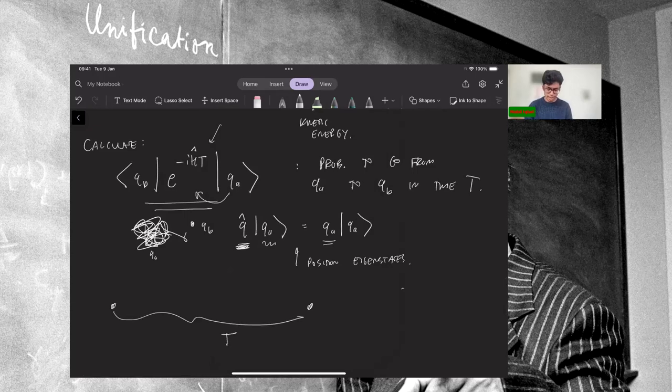I'm going to take this time interval and split it up into many small chunks, and each chunk has width epsilon.